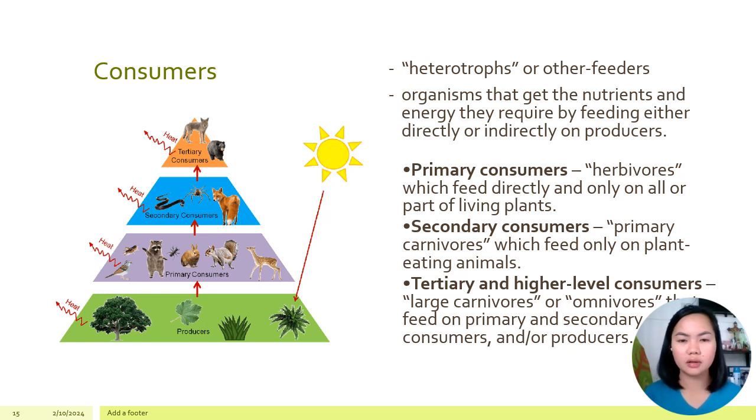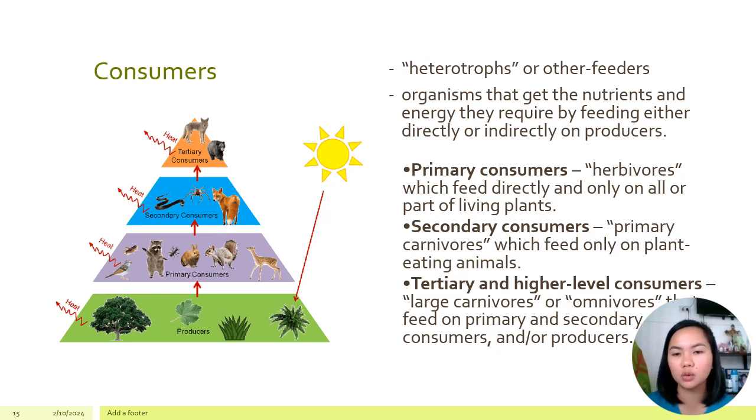We have herbivores, carnivores, and omnivores. When we say herbivores, these are the consumers that only eat plants. So plant lang ilahang kaunan. They directly feed on producers. When we say carnivores, there are different types, no, like primary carnivores and so on and so forth. But let's just have the general carnivore. Kani mga carnivore, they eat only meat.